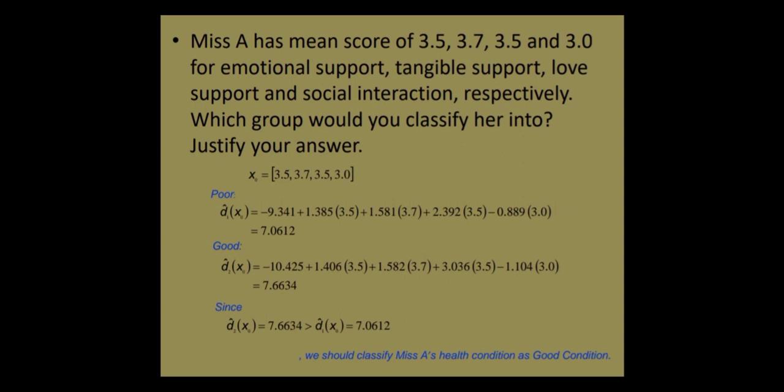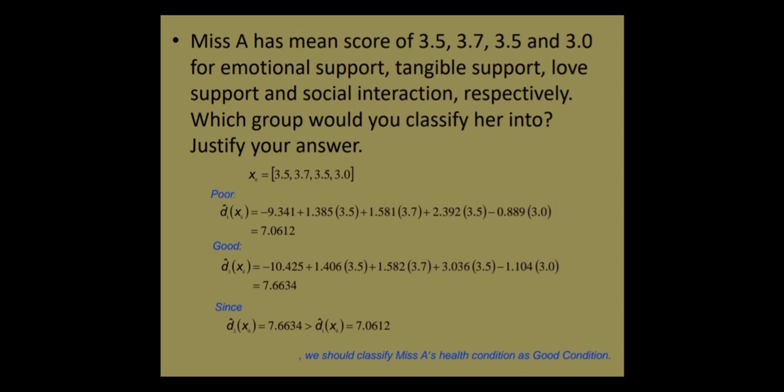So we replace all the score tadi dalam kedua-dua function tadi kan. So macam mana kita nak tahu whether the patient tadi go to poor group or good group? Okay, we observe the highest score.